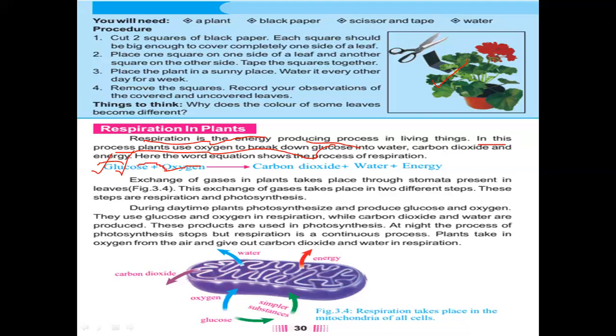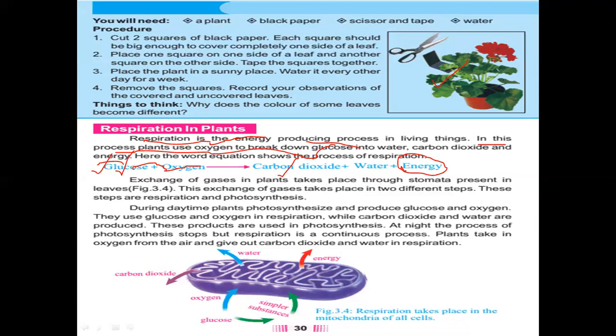That oxygen has a chemical reaction with glucose, and as a result we get carbon dioxide, water and energy. This is the energy which plants and all living organisms utilize for their daily activities. As a result, carbon dioxide is also exhaled in human beings, in all living organisms as well as in plants.